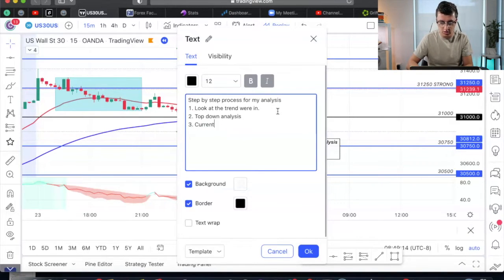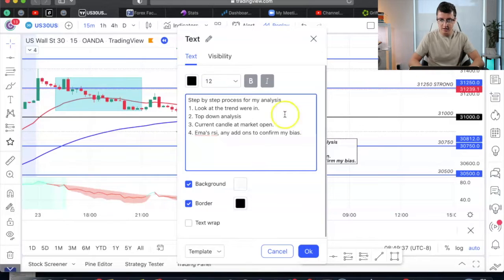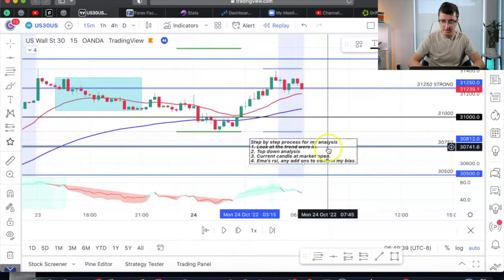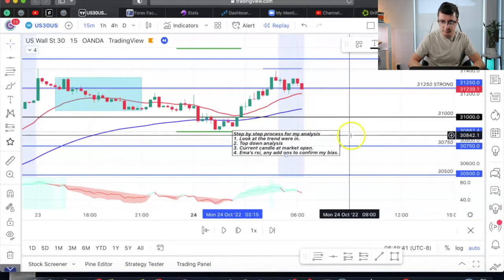So current candle at market open. And 4, see if I could use my EMAs, RSI, anything just to add on, any add-ons to confirm my bias. Okay, this is my step-by-step process when I'm trading.